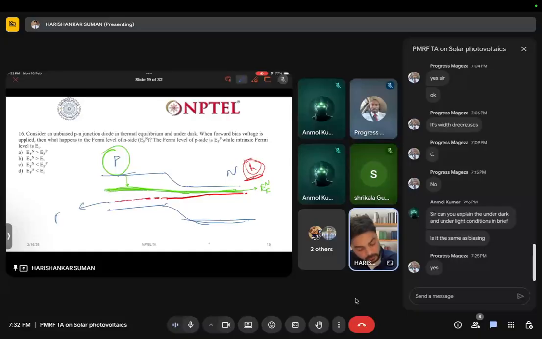This is the Fermi level for holes. So separate levels are formed, and this splitting gap is equal to the applied potential.